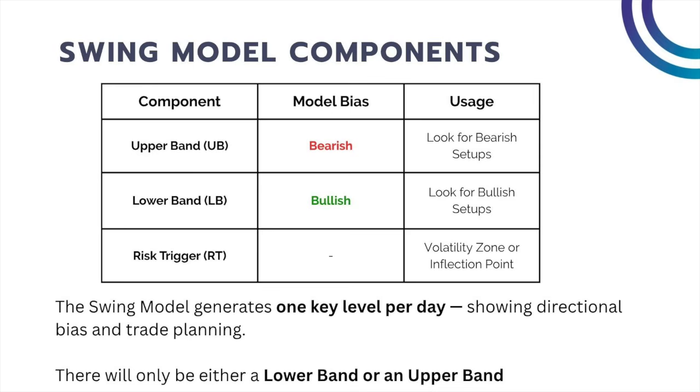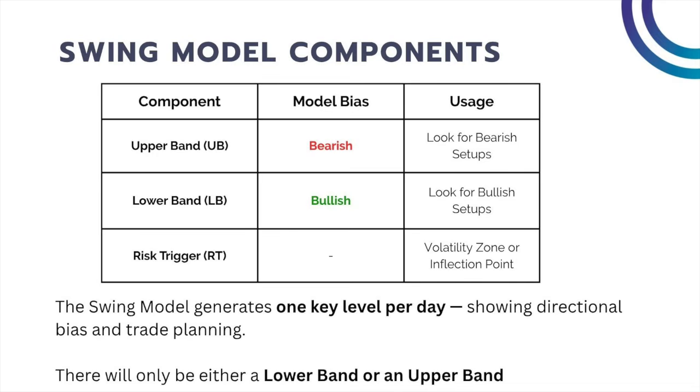The goal of the swing model is not only to give you areas of support and resistance, but also to leverage the option data to provide you with a bias. Is the market bearish or bullish? And if so, how strong can that upper band or lower band hold, and how successful can we be? Whenever we have an upper band, we have a bearish bias. When we have a lower band, our bias is bullish, so we should be looking for bullish setups.